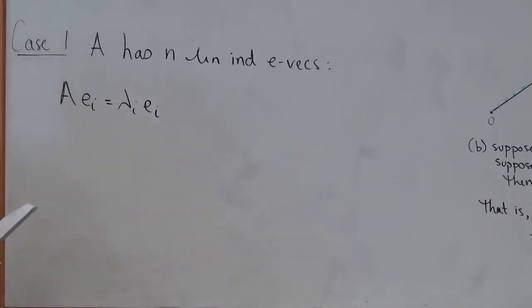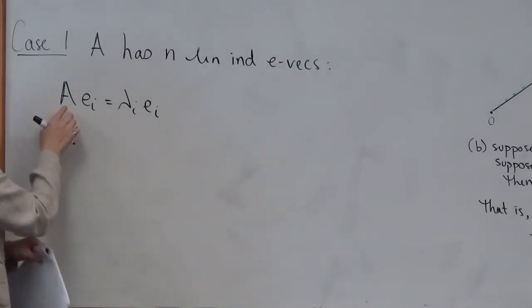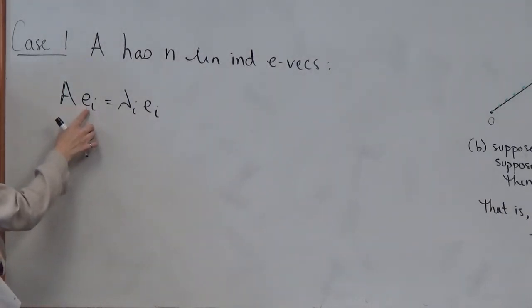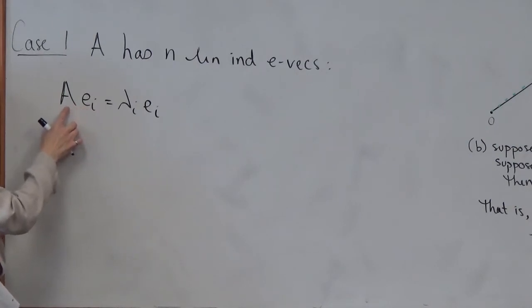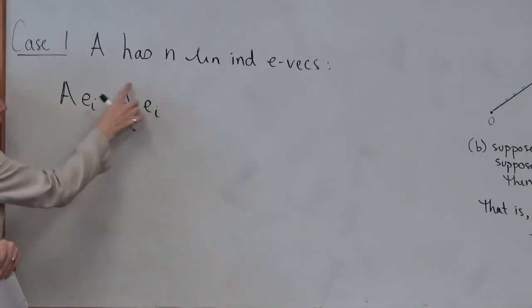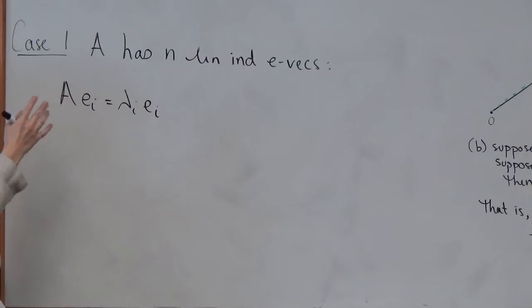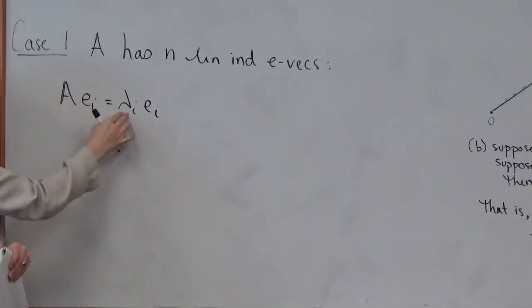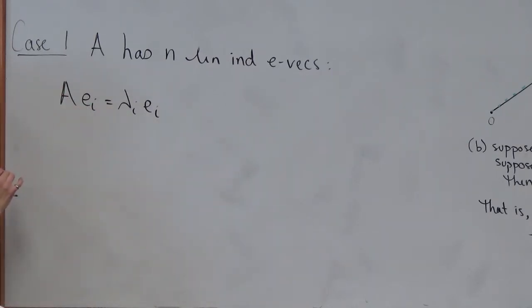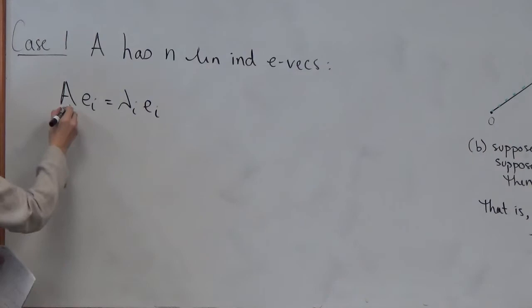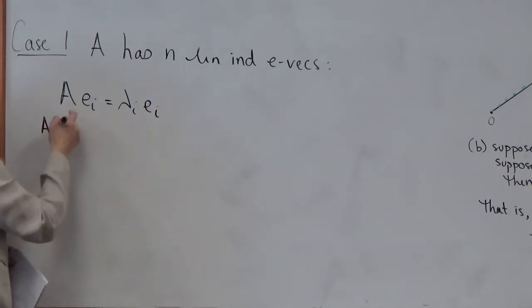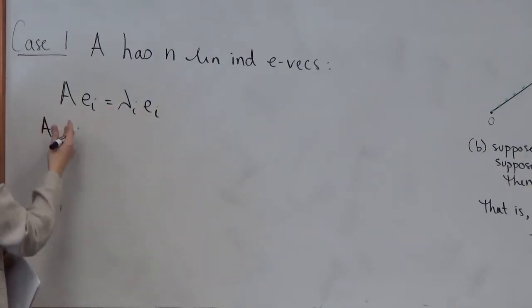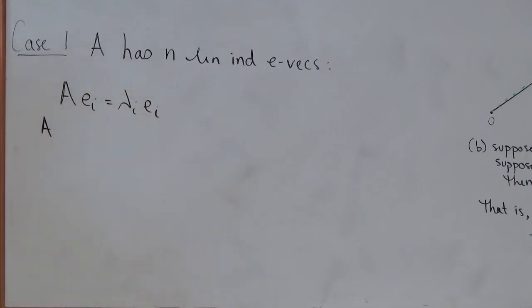So if we take an eigenvector and pre-multiply by the matrix A, we get this collapse that we talked about. It's collapsing the information of A onto that scalar lambda_i. Real or complex, it doesn't matter. So we know that A E_1 is lambda_1 E_1, A E_2 is lambda_2 E_2.